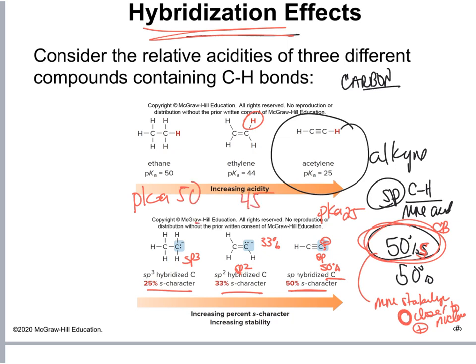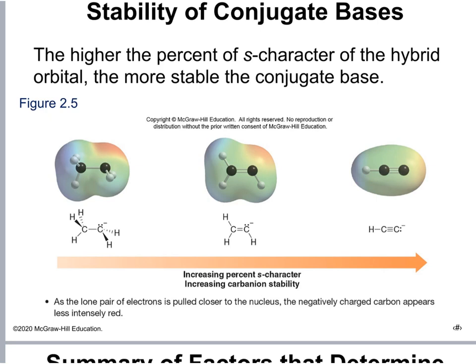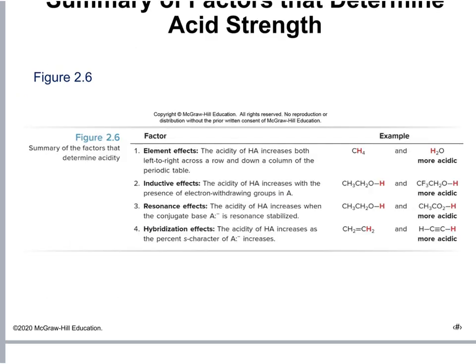Okay, so this is a big deal there, folks. That's 20 zeros. This is 5 zeros. And this is just showing you where these electrons are, how their percent S character matters. Okay, so these are your 4 factors.